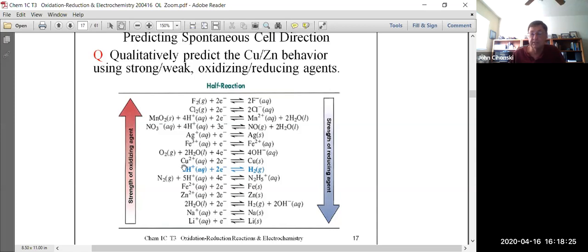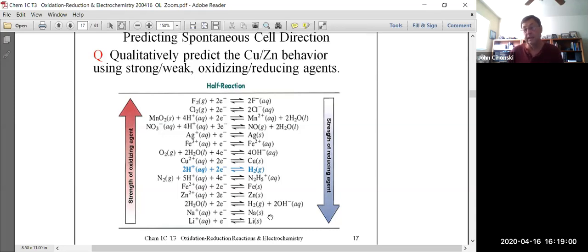So that tells us on the left side, we have the strong oxidizing agent and the strong reducing agent that will react and form the weaker copper reducing agent and weaker zinc oxidizing agent, okay? Now, that means just like whenever we did acid bases, we had a similar table for the acids and bases.